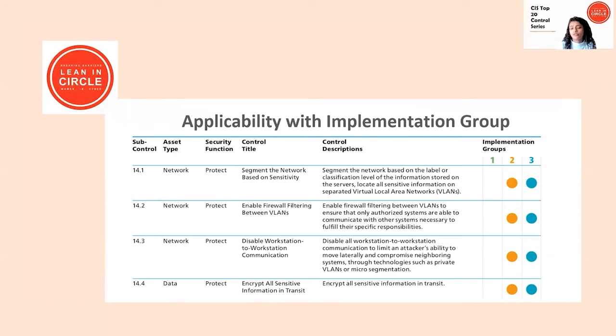Because you don't want to have workstation to workstation communication, because you want to limit the attacker's ability to move laterally and compromise neighboring systems. Think of a scenario where one of your workstations is compromised somehow, but that workstation also communicates with the other workstations, so eventually all your workstations are going to be compromised. So that's the reason you should disable all the workstation to workstation communication.